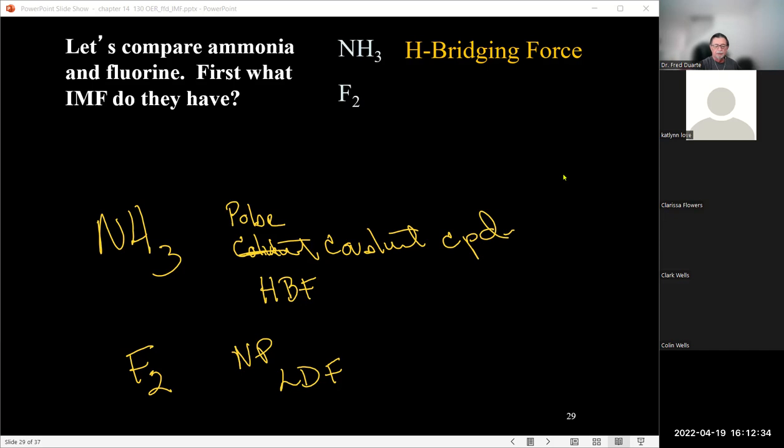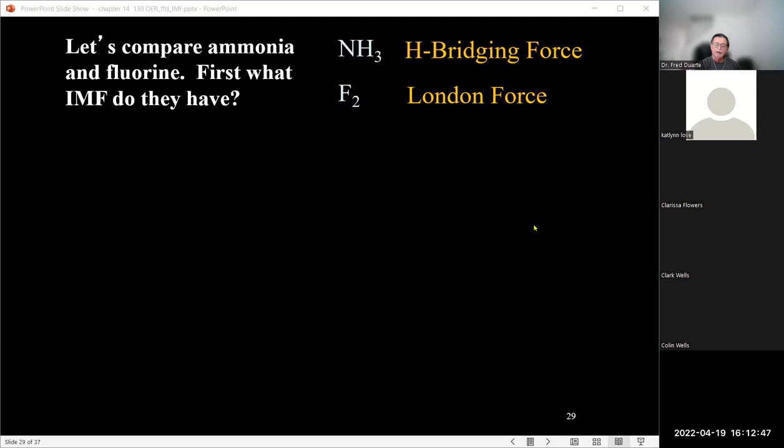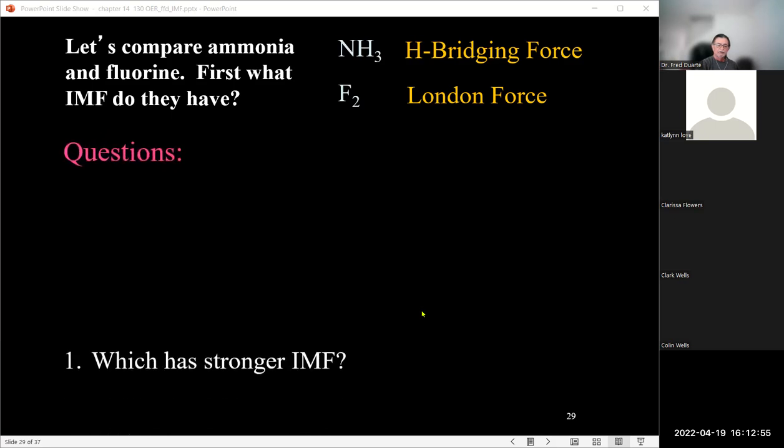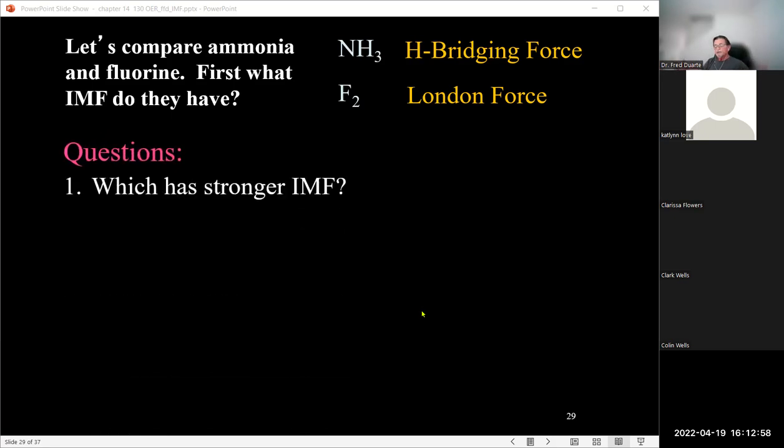Hydrogen bridging force is a stronger force compared to London force, which is the weakest. So if asked which is the stronger IMF, obviously HBF, which ammonia has.